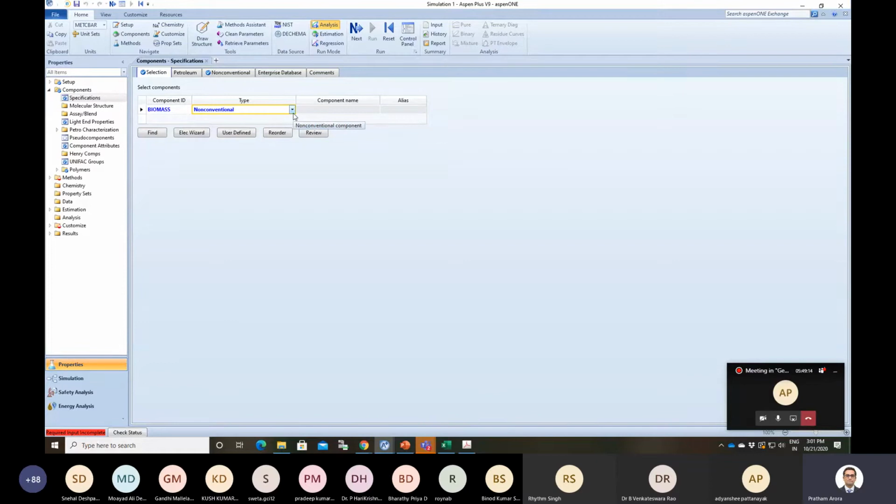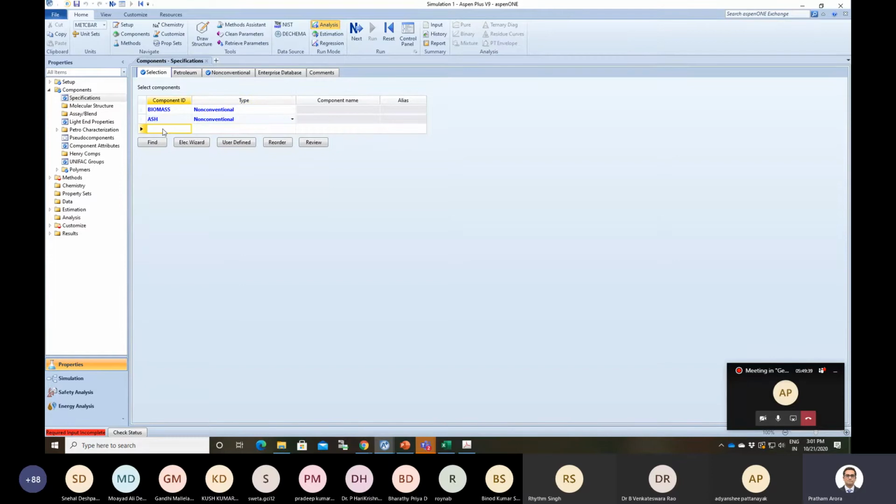The properties vary with the different composition, and I will tell you how to go about it. Apart from biomass, after the gasification of biomass, the only thing that would be left behind would be ash. So this again would be non-conventional. So I've defined biomass as non-conventional, and I've also defined ash as non-conventional.